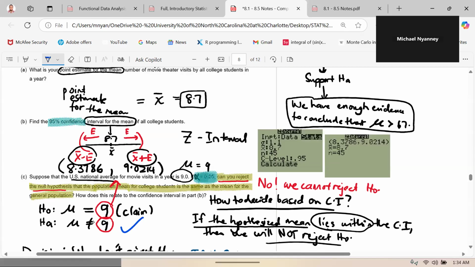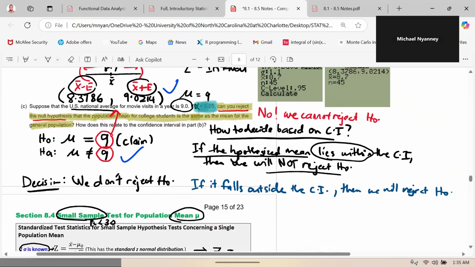If the mu value given is within the interval that you've created, you realize that 9 is within this interval, so we fail to reject the null hypothesis. But if the interval was like 7 to 8 and mu is given to be 9, the mu is not in the interval, so then we reject the null hypothesis. Are you okay? All right, based on each direction that we go.